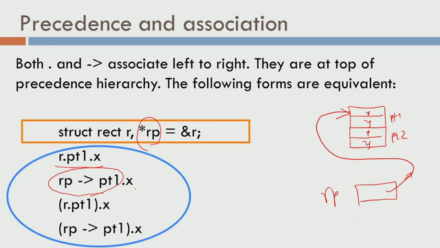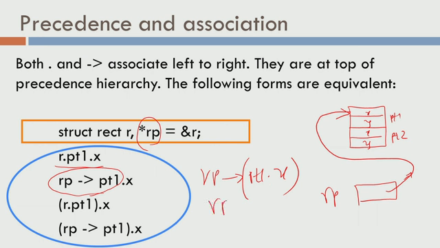What this does not do is it is not interpreted as I will first take PT1.x, right. So, PT1.x, what is the data type for it? PT1 is a structure of the point data type and PT1.x is actually an integer, right.